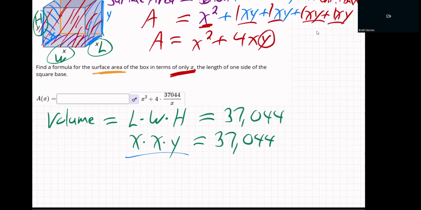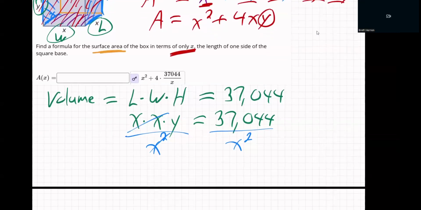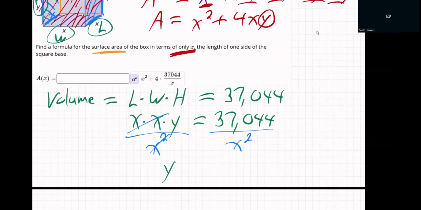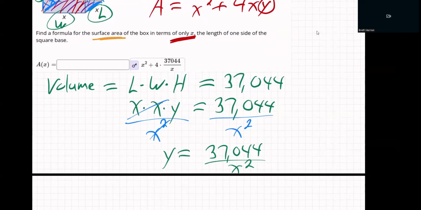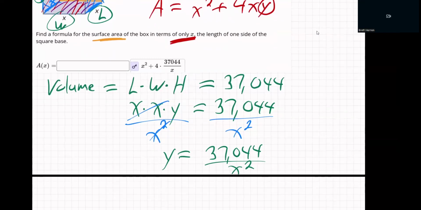I can solve for y by dividing by x squared on both sides. Therefore y is equal to 37,044 over x squared. Now I can plug that in right here for y.